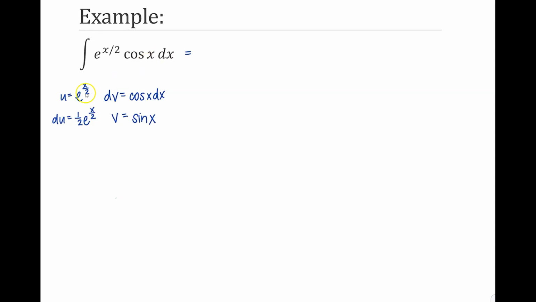So if I have u times v, that's e to the x over 2 times sine x minus, and then we have v du. So we're like multiplying across here basically. So I'm going to put minus the integral of 1/2 e to the x over 2 sine x dx.